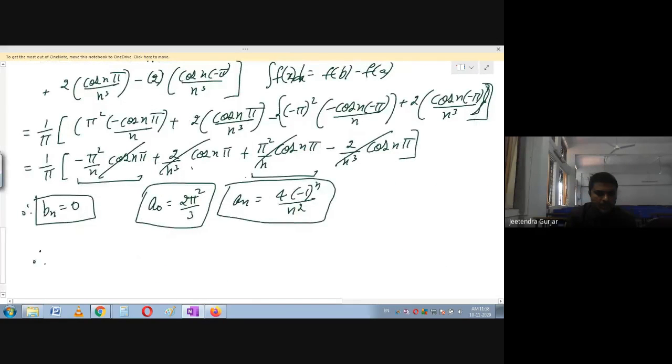So therefore, I'm going to get this as f of x is equal to a naught. If you just see, it is 1 upon 2 into a naught. I'm going to take that is a naught upon 2. So here it is 2 pi square upon 3 plus, yes, it is summation n 1 to infinity. An is 4 minus 1 raised to n upon n square.